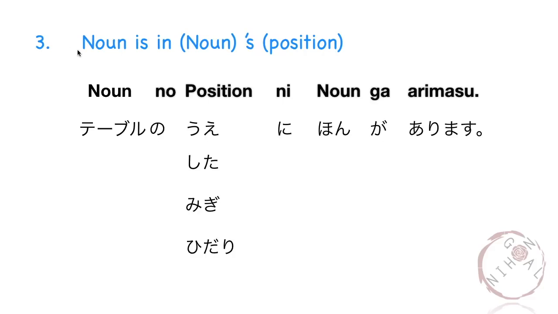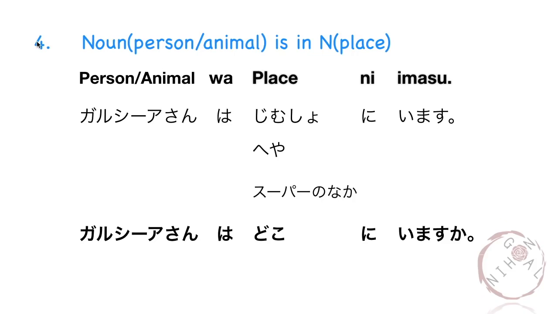Next is saying that a noun is in a noun's position. Noun の position に noun があります。For example, テーブルの上に本があります。Or テーブルの下に本があります。テーブルの右に本があります。テーブルの左に本があります。Next, a noun, which is a person or an animal, is in a place.